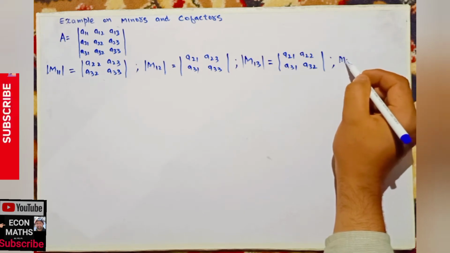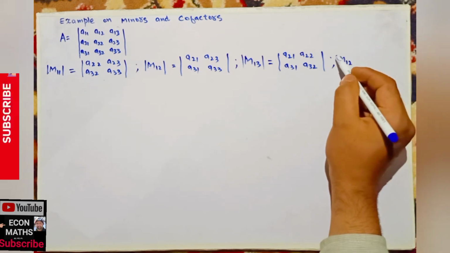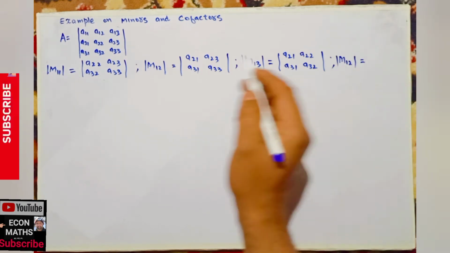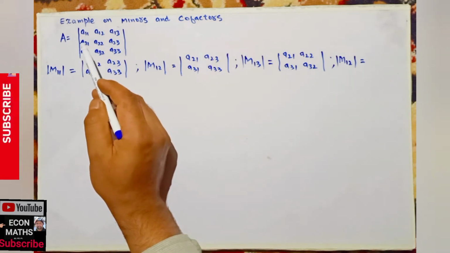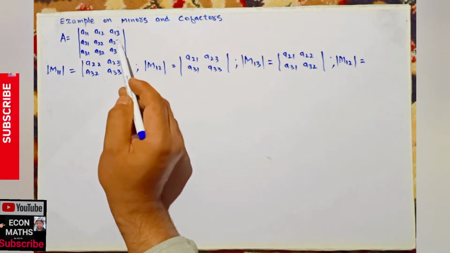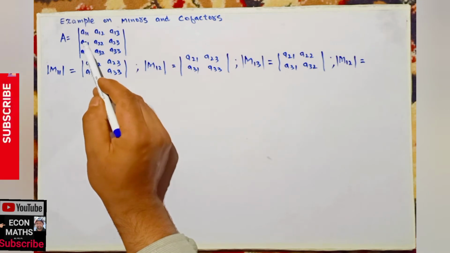Similarly, the fourth minor is the minor in place of this element. We mentally delete the row and the column in which this element appears and take the determinant of the remaining elements.